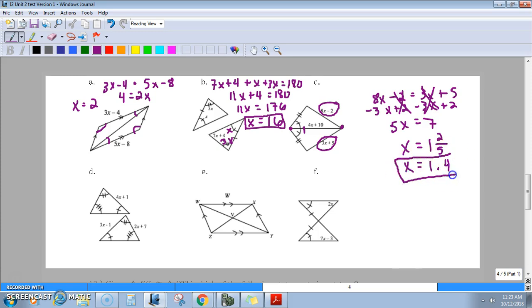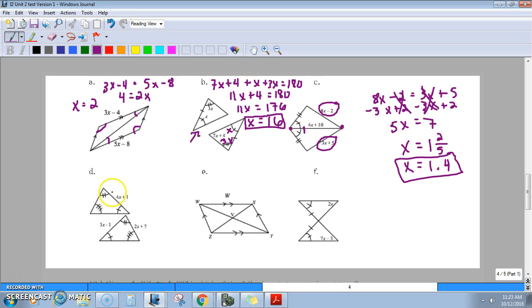Okay, double check me. This is all mental math. All right. This one, by angle, angle, angle, I only know that they are similar, right? So I need to use a proportion.